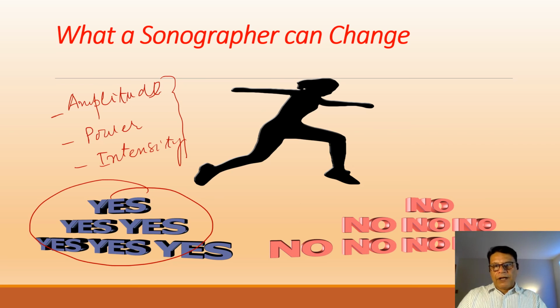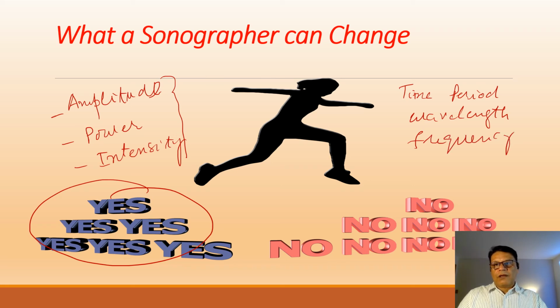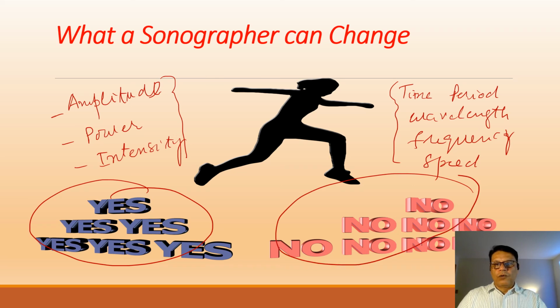But there are some parameters like time period, wavelength, frequency, and speed that we cannot control.